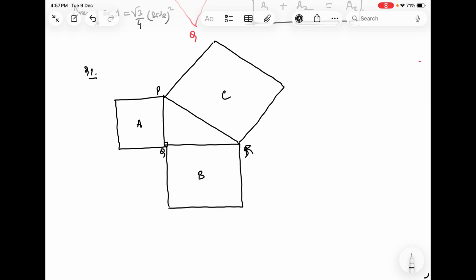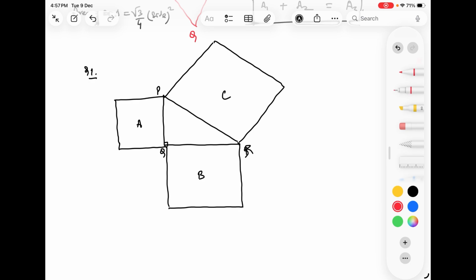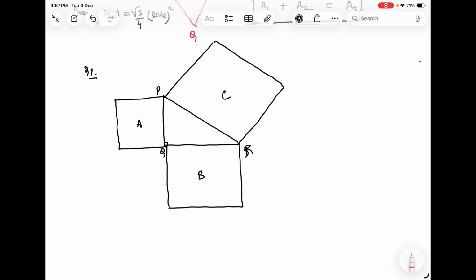He's saying that the area of square A is 16, and this area is 20. He's asking what is the length of side PR?